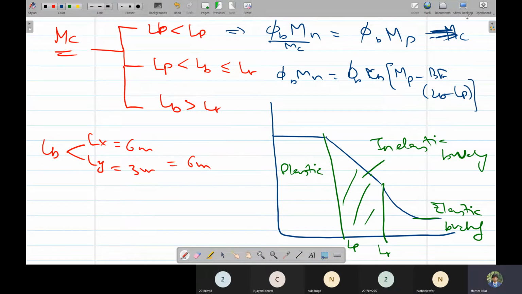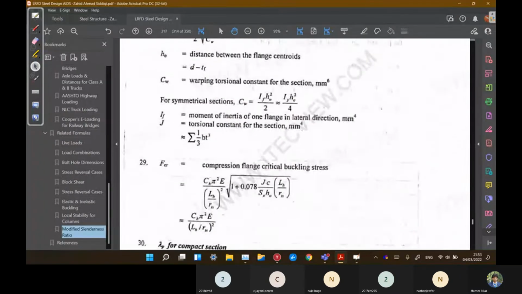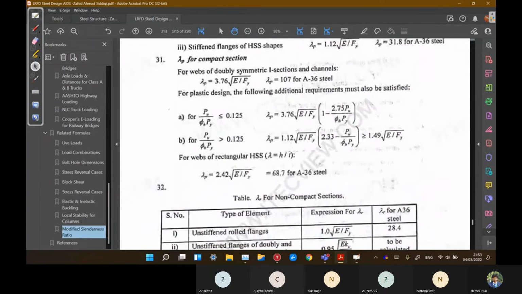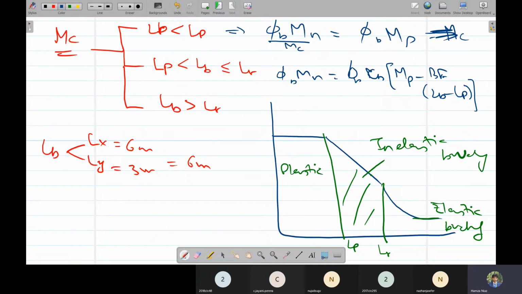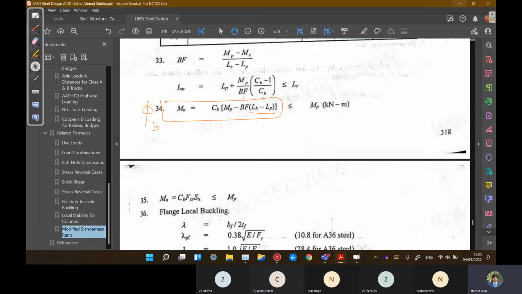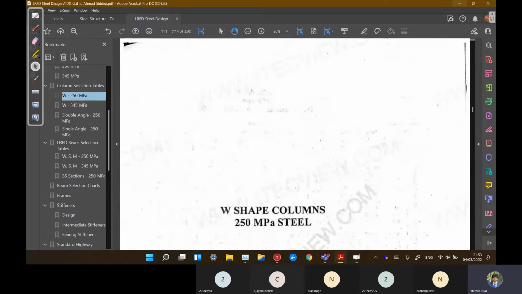We can memorize this, or it is also written here. Phi b is 0.9, the factor for bending. So multiply phi b Cb into Mp minus BF, LB minus LP. All these values are again given in that table.